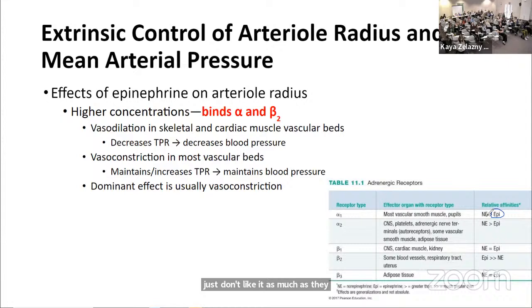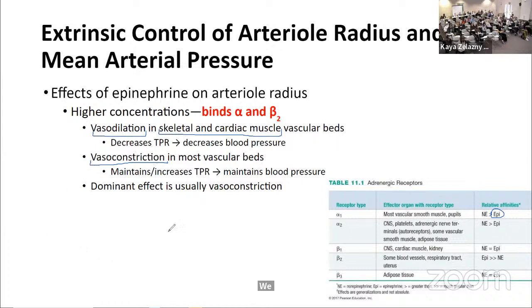Okay. So in the skeletal and cardiac muscle, at this point in time, we still have vasodilation because that's just what the beta-2 receptors do. But the alpha receptors that we're now also binding to, regardless of what's bound to them, vasoconstrict. So everywhere else in the body, we have vasoconstriction.